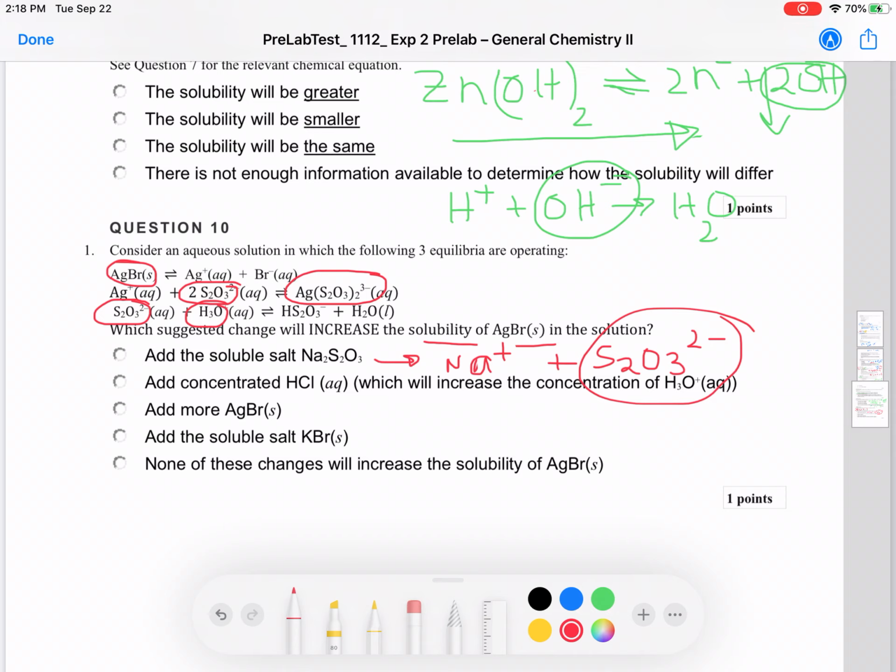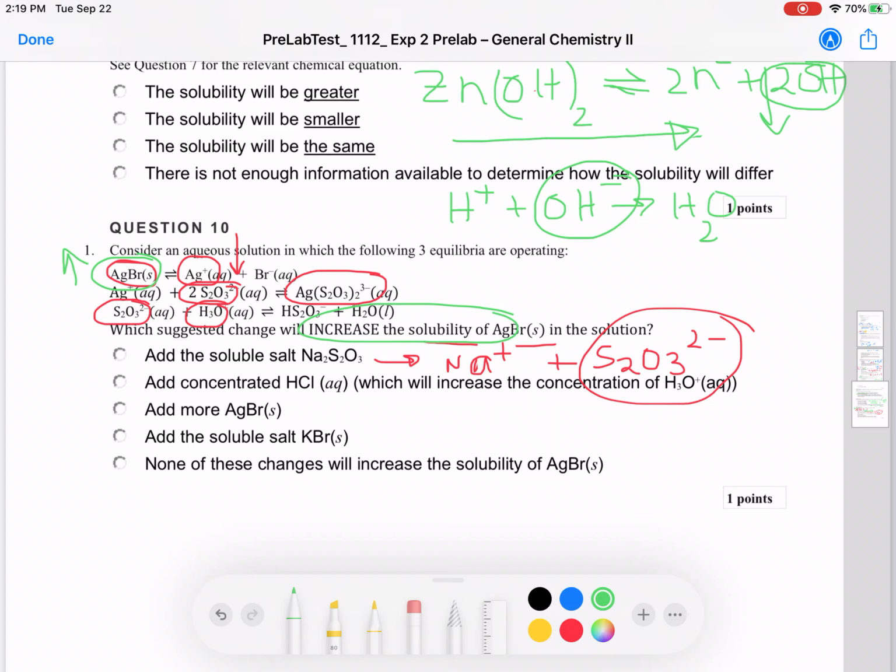As the silver ion is removed from the solution, because silver is coming from here, we are reducing silver ion in this system because now silver ion is going to react with the added thiosulfate. So as a result, the solubility of silver bromide will increase. By adding the soluble salt sodium thiosulfate, the solubility of silver bromide increases.